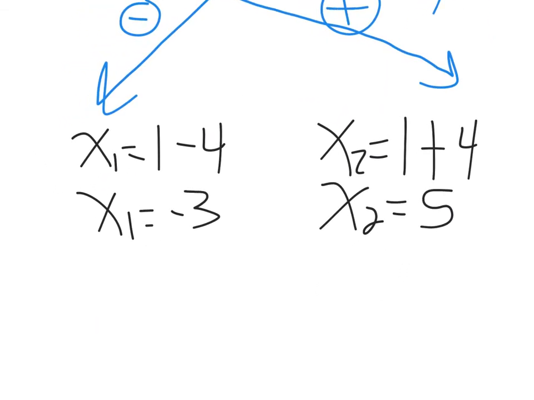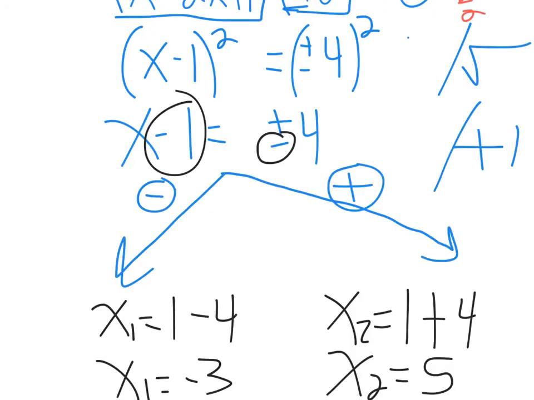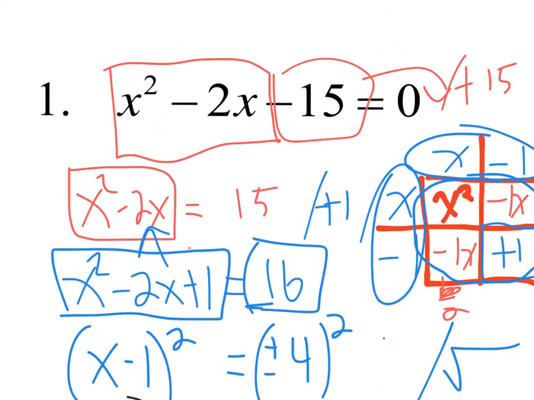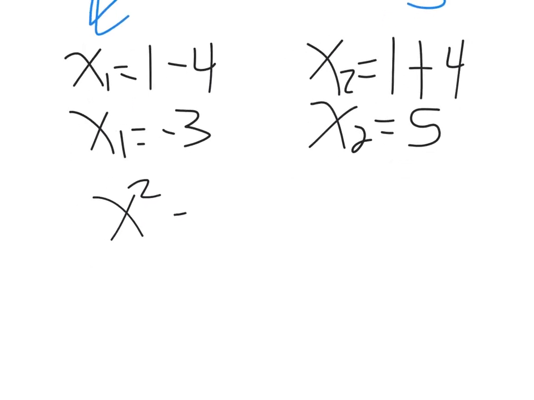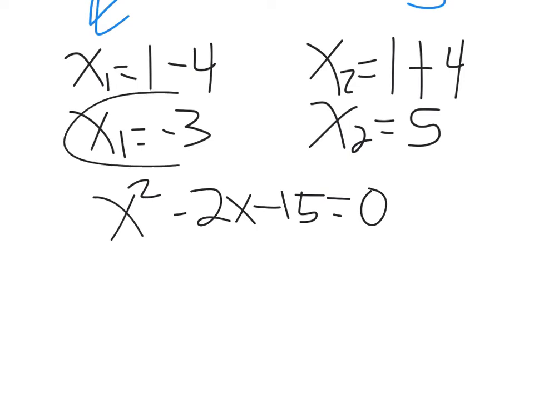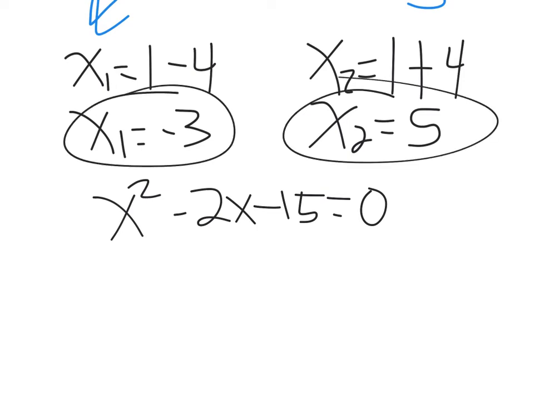The original equation, if you remember, was number 1 on your worksheet: x squared minus 2x minus 15 equals 0. So negative 3 and 5 are the solutions to that specific quadratic equation, and they would represent x-intercepts on the graph.